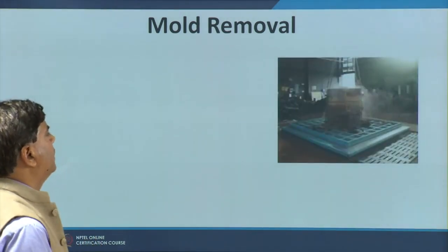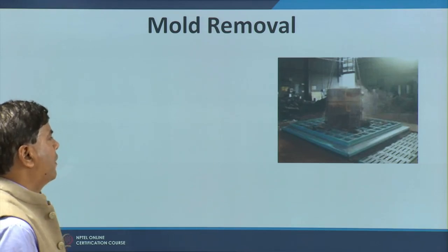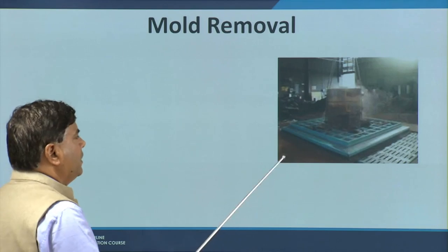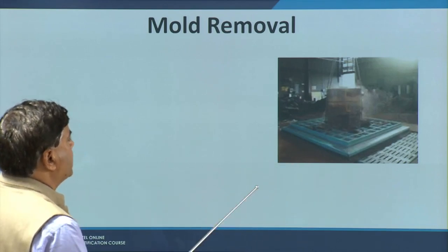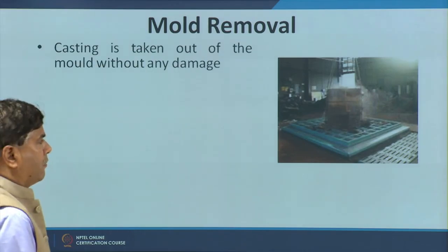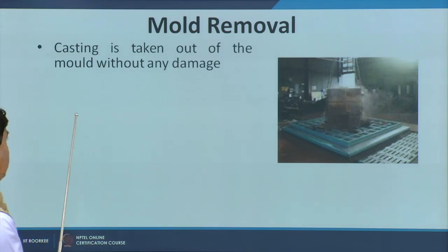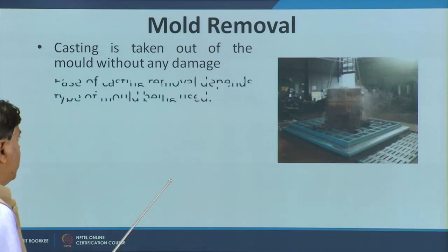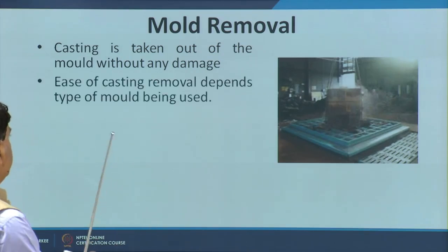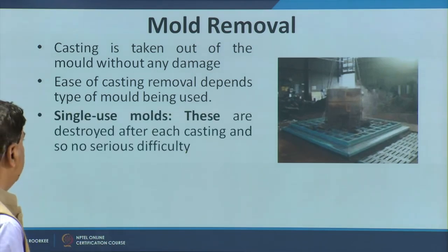This diagram typically shows that sand moulds are used for making the mould cavity, and then breaking the mould is involved for taking out the casting. So, the casting is taken out of the mould without any damage, that is one of the purposes. Ease of casting removal depends on the type of mould being used.